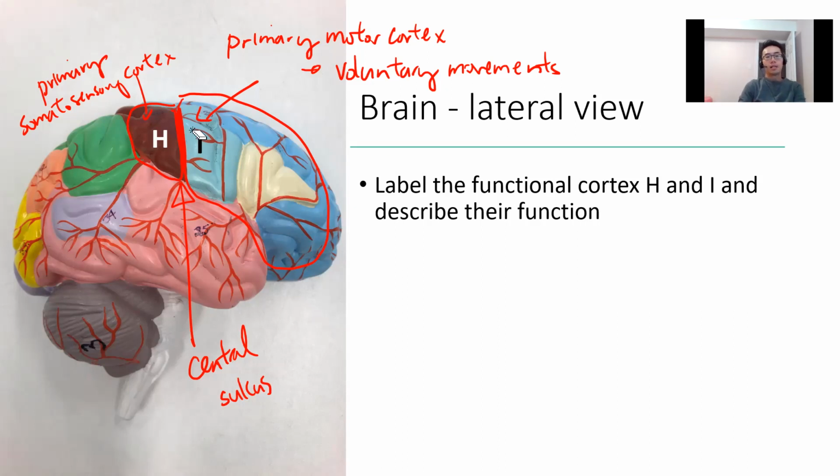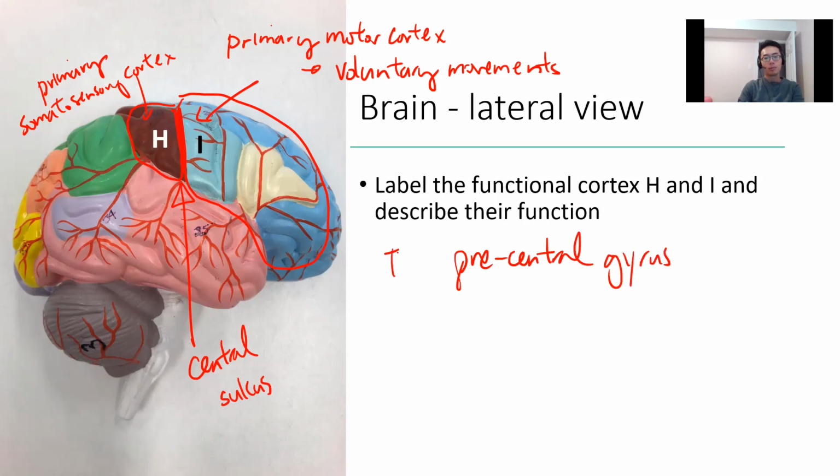On the test, if I ask for the functional cortex, then these would be the answer. If I ask for the name of this region of the brain, then that's the pre-central gyrus.